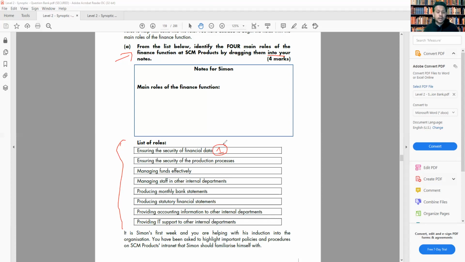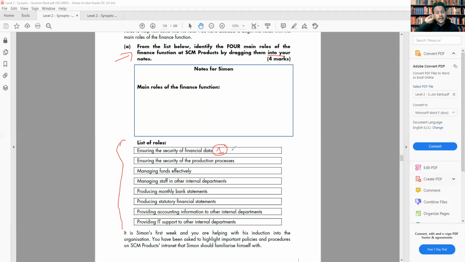I'm not going to work somewhere where data may be misplaced or shared by someone, which could create trouble for me. If someone said they want to work in the finance department, I'd tell them, listen, make sure the data is confidential and not shared by anyone. So ensuring the security of the financial data is number one, very important.